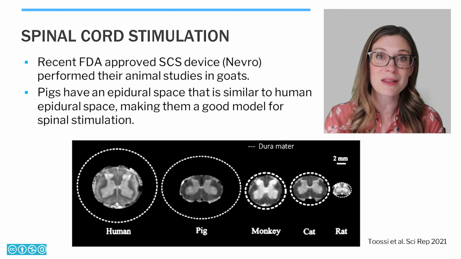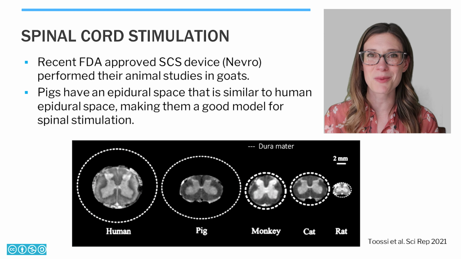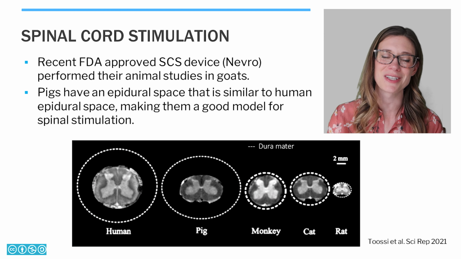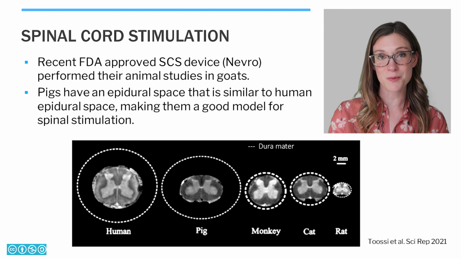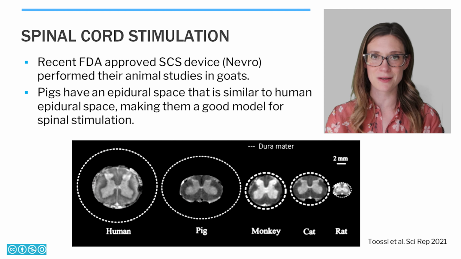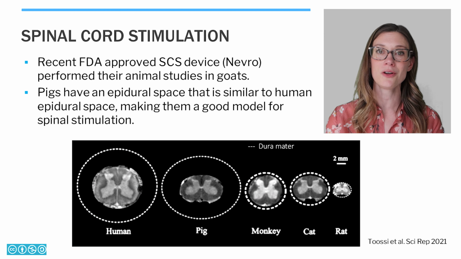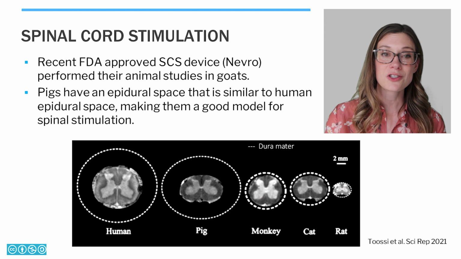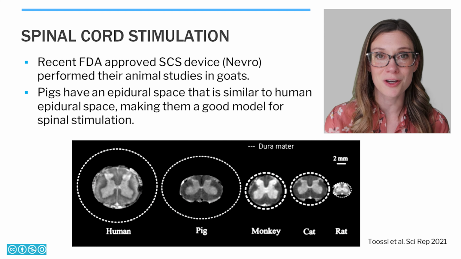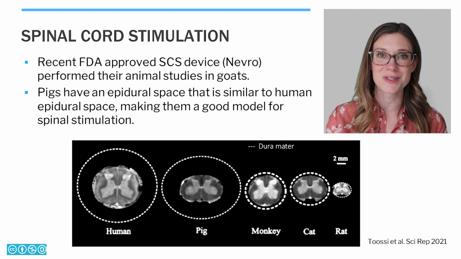So that gives you a good hint that perhaps a goat might be a good animal model for spinal cord stimulation animal testing. However, if you look in recent literature, it becomes apparent that there may be other options. A recent Scientific Reports article showed that the epidural space in pigs is quite similar to that of humans, suggesting that pigs might also be a good animal model for spinal cord stimulation safety studies.